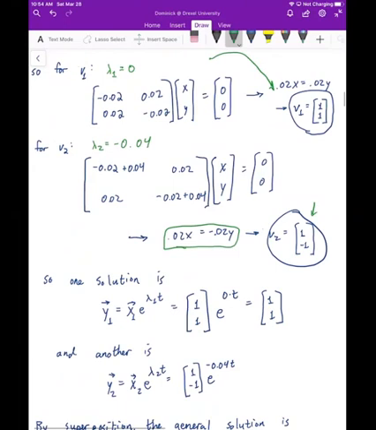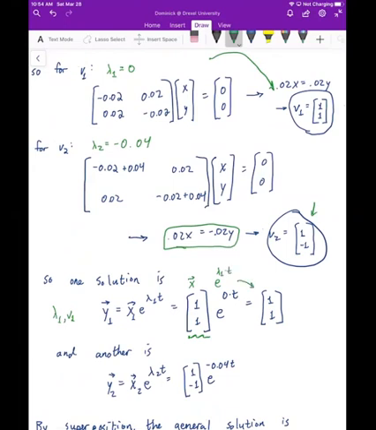So now again, remember our solution form. We assume that this was a vector x times e to the lambda t. So of course this is for lambda 1 and v1. So if we plug this in, we get that one solution is our eigenvector. So this is the x vector, and this is e to the lambda 1, which is 0 times t.